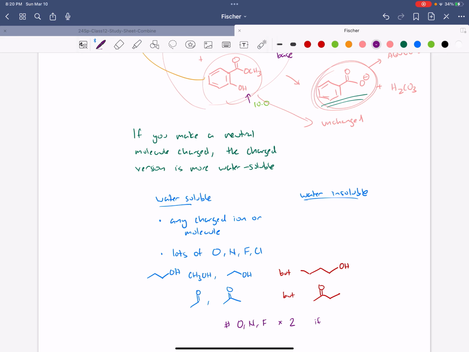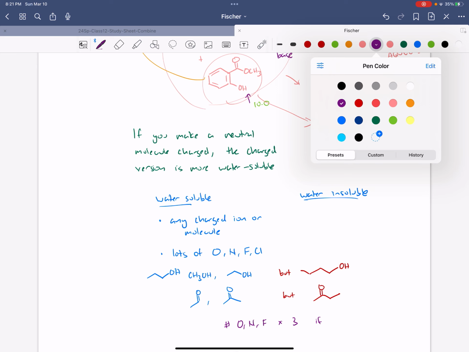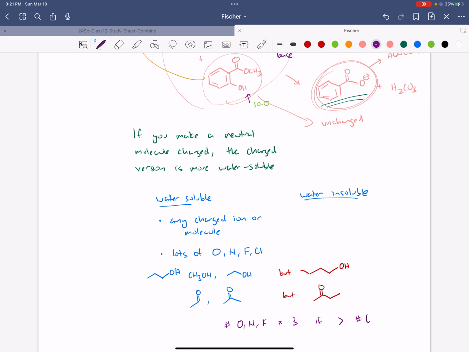did I say multiply by 2? Give me 1 second. Multiply it by 3, actually. Okay, this is a very general rule. And if that number is greater than the number of carbons, you could relatively say that it is water soluble.